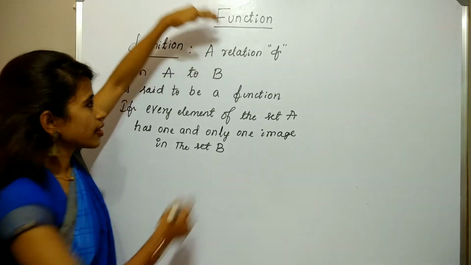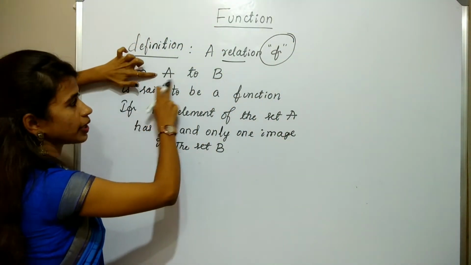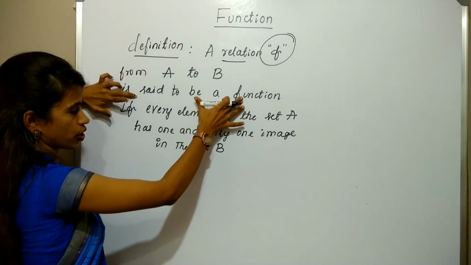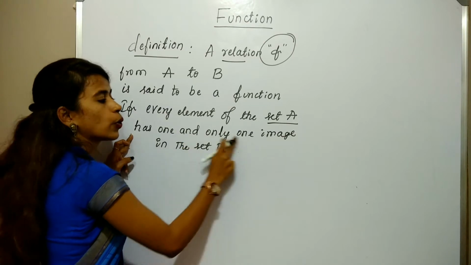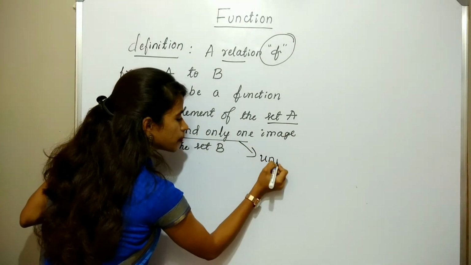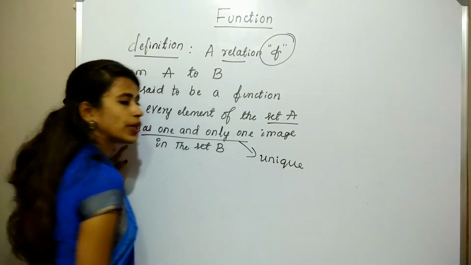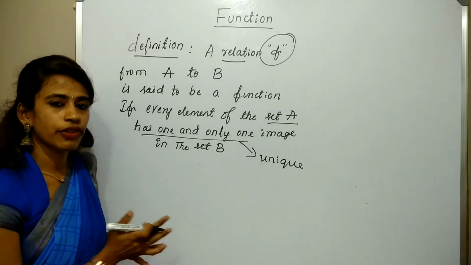So a function is a relation denoted by F, a mapping from A to B, which is said to be a function if every element of the set A has one and only one, that means unique, image in the set B. So that relation is called a function.